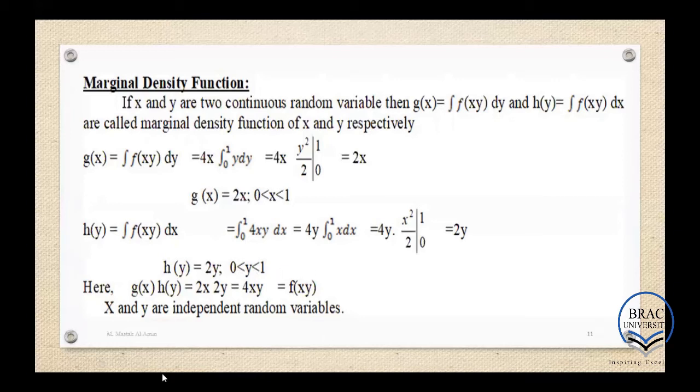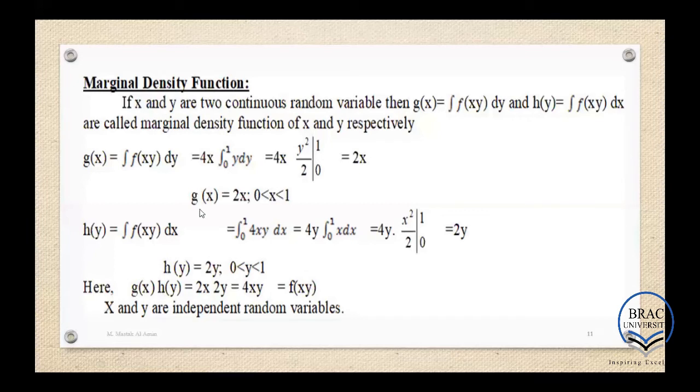Now let's check whether this function shows that x and y are independent random variables or not. To check independence, we know the joint probability density function must be equal to the product of their marginal probability density functions.